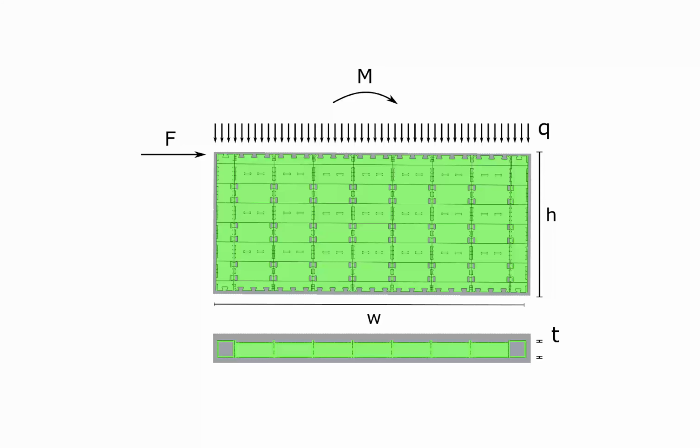In case your wall is at the first floor and you're considering a two-story or more than one-story structure, you will also have an overturning moment on your wall, and that overturning moment is coming from the shear that you have at the wall above. If you have a single-story structure, you most likely just have a lateral load force.